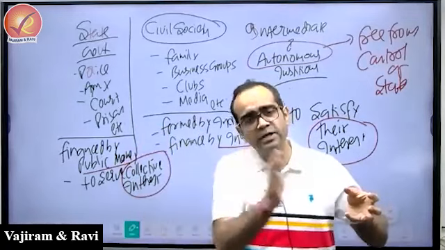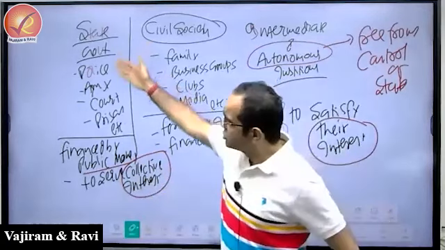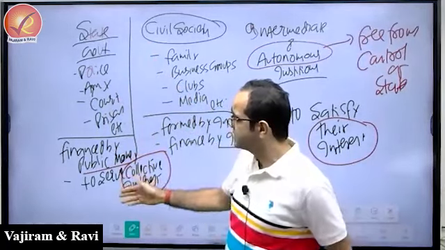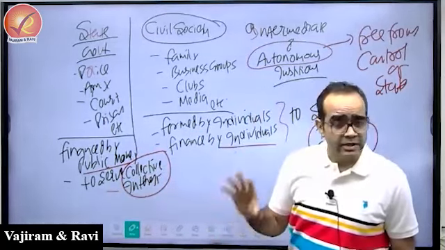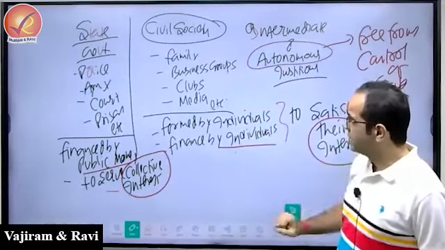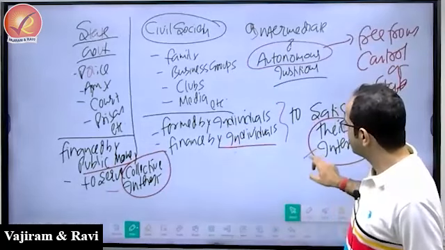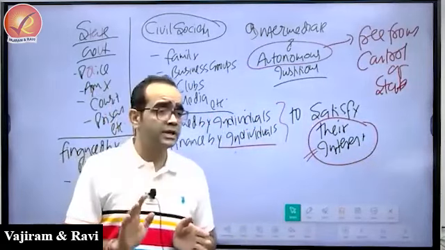These are independent of the state. Whilst all the institutions of the state, police, army, courts, prison, are financed by public money and serve the collective interest, whatever groups we have formed are formed by individuals, financed by individuals, and serve the interest of the individuals. State has nothing to do with that.